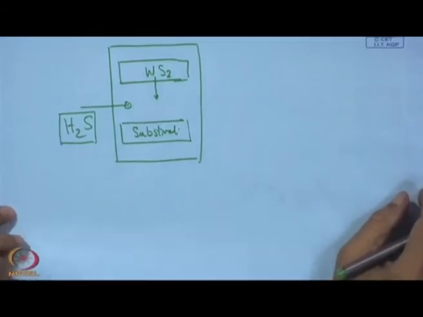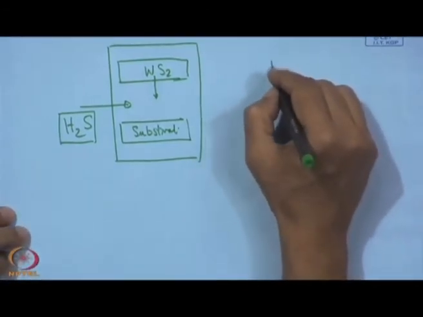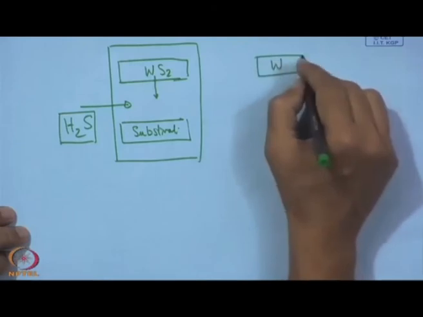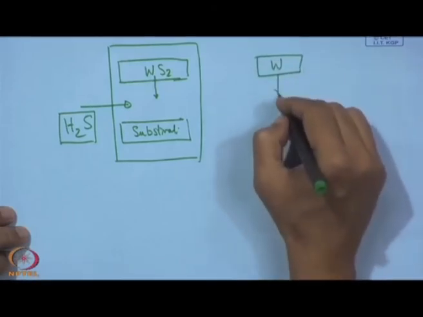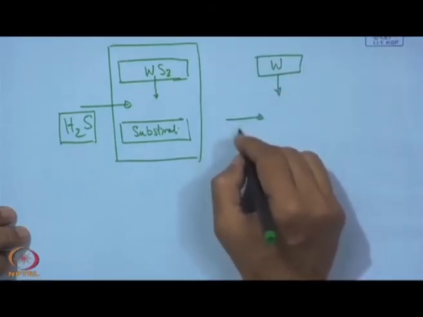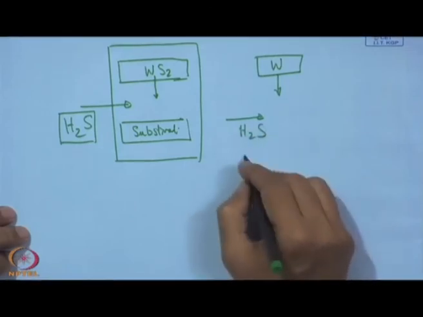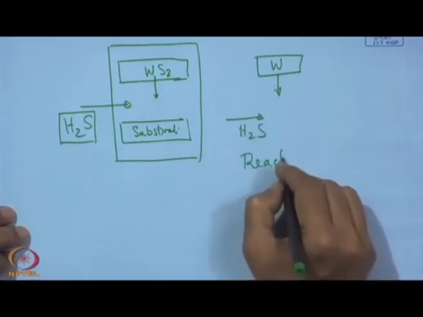So, this is one way, but another way it can also be done is by using tungsten as the cathode and having H2S, and this is reactive sputtering.